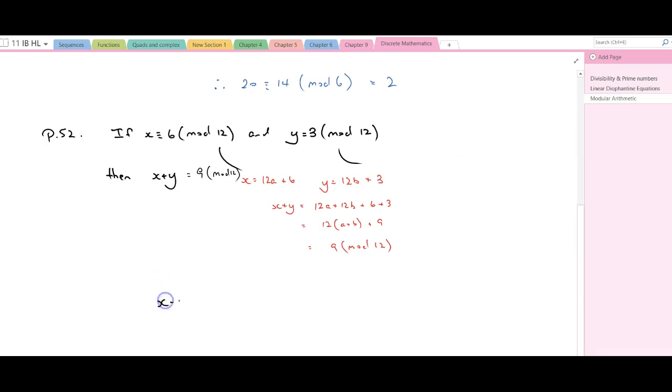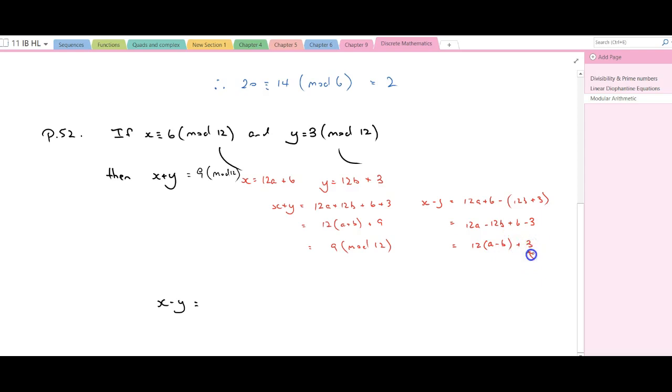Now, what would x minus y be equal to? Would it be equal to 3? We could use the same technique here. x minus y will equal 12a plus 6 minus 12b plus 3, which will equal 12a minus 12b plus 6 minus 3, which will equal 12 times a minus b, plus 3.